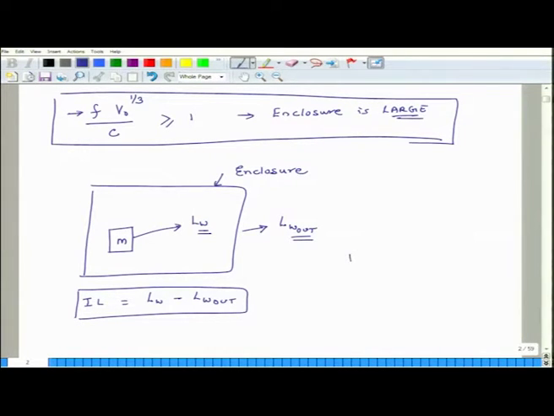But we know that L W equals 10 log 10 of acoustical watts generated by the machine, so let us say W divided by W ref, and L W out equals 10 log 10 of whatever is the number of watts which are present outside the structure divided by W ref.